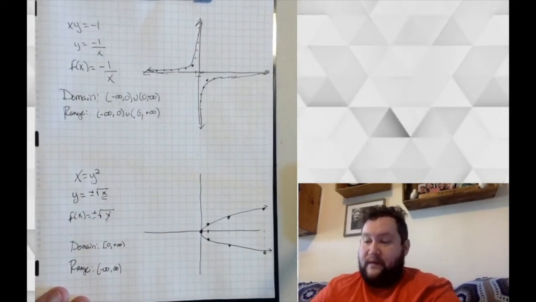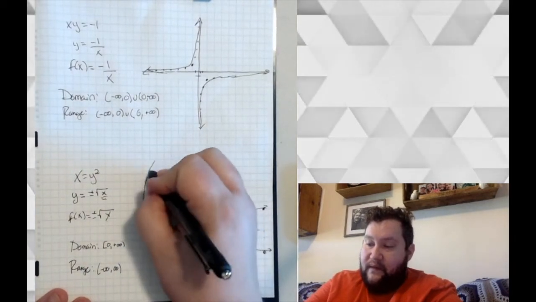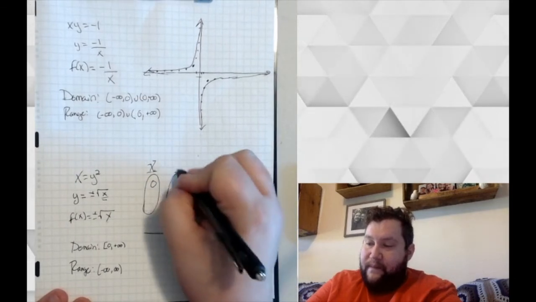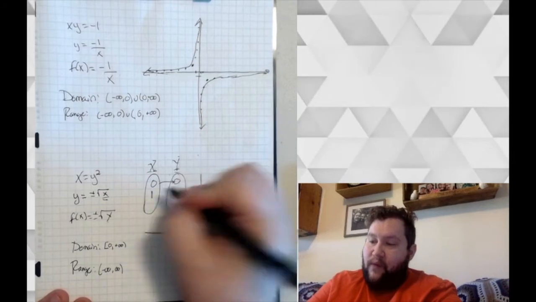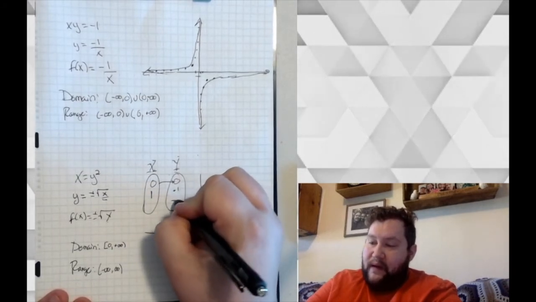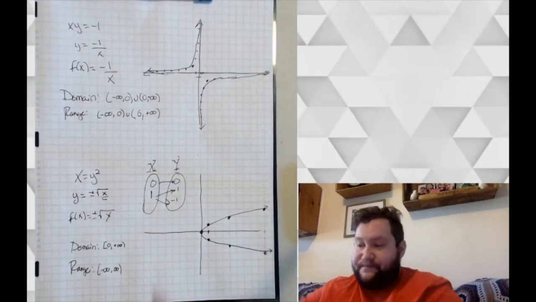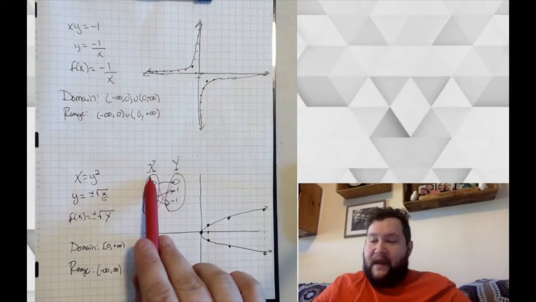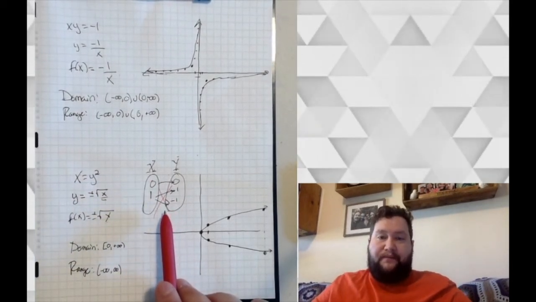But if x is 0, right, 0 goes to 0. But if we have 1, it goes to plus 1 and negative 1. And so what do we know is wrong with that? Every x in our domain must go to one and only one element in y.